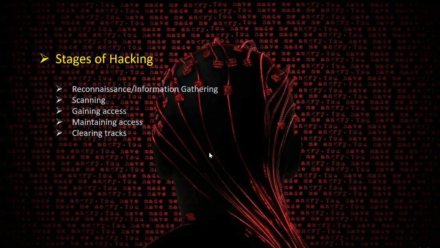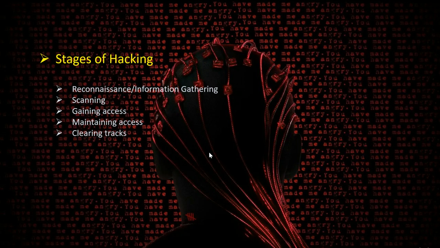Once the information is found, like the IP address and other details, we try to scan the system. Once the system is scanned, we try to find out if there are any vulnerable applications or loopholes available. From the scanning report, we get to know there are some vulnerabilities, and we make use of those vulnerabilities and try to gain access through multiple ways.